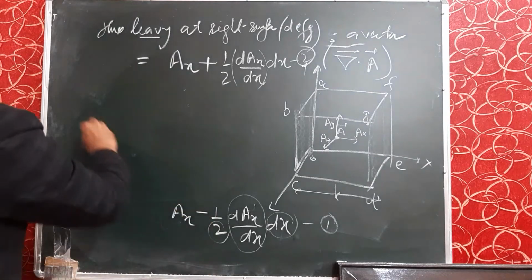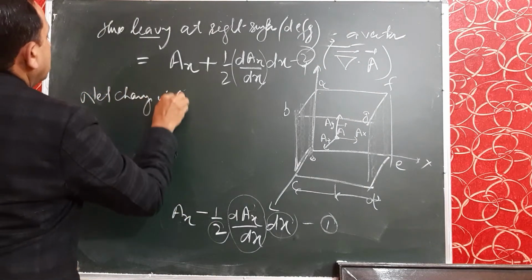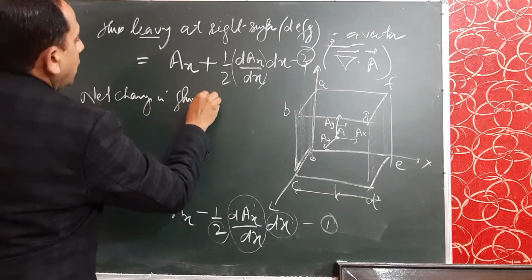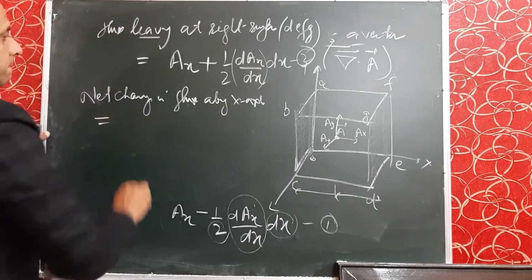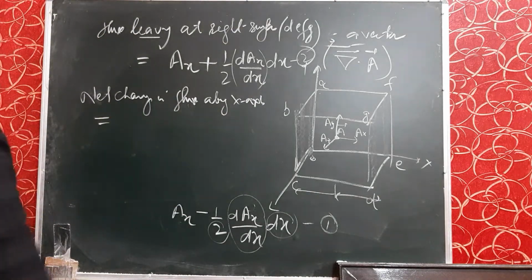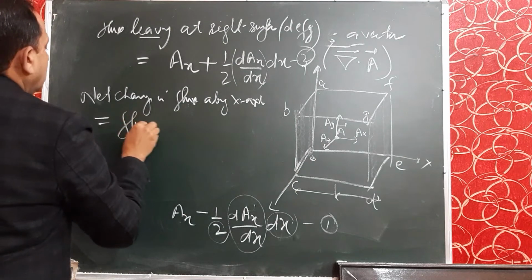Now the net change in flux along the x-axis. So the flux leaving minus the flux entering.